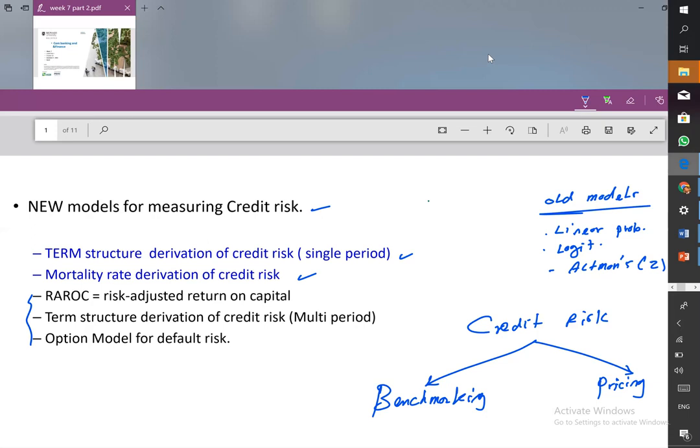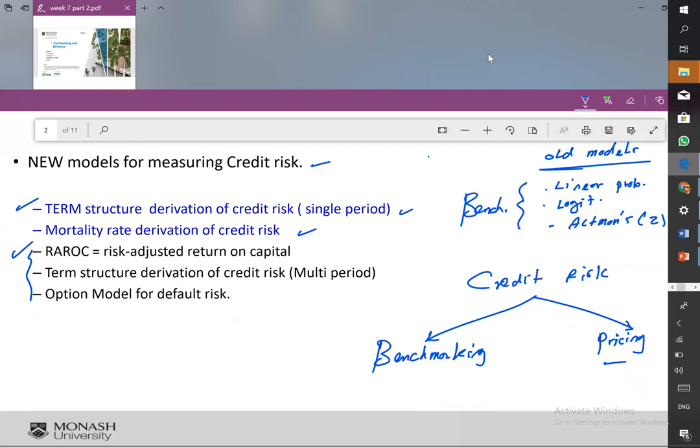Some of them tell us both, like the RORAC. These two are only benchmarking. The term structure tells us how much we charge, or helps us calculate the spread or the premium.